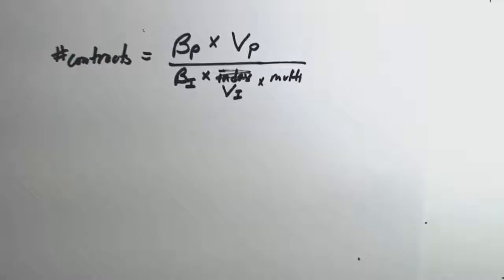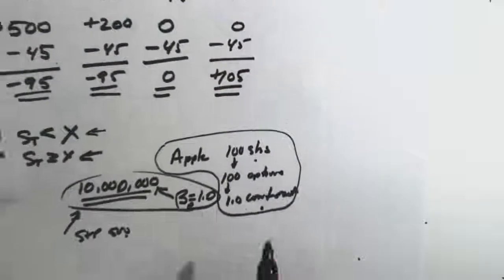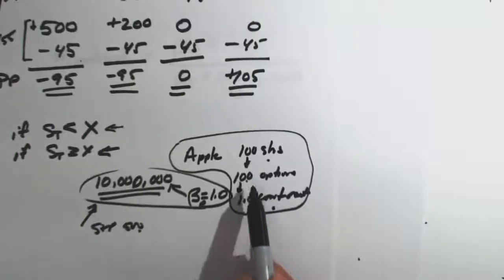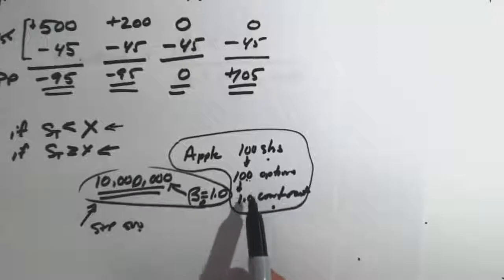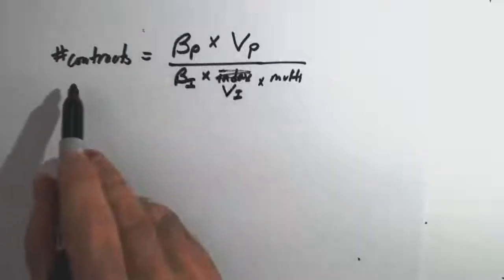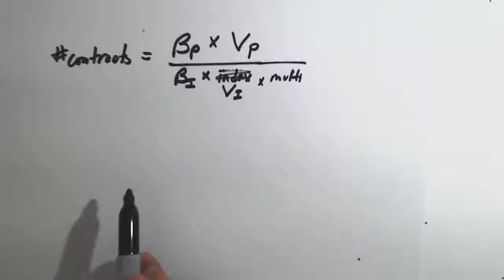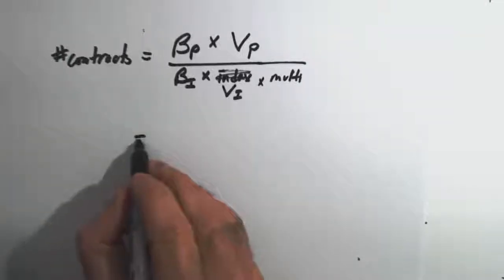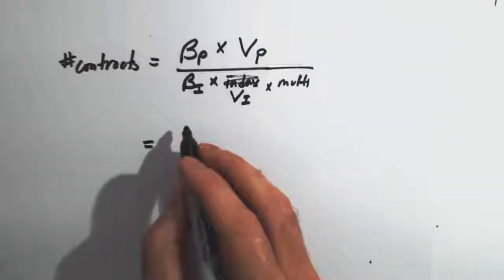And so the multiplier with the example I was just giving you was a multiplier of 100. Every contract controlled 100 options. So we basically had a multiplier of a contract represents 100 options. So let's see how that all applies to this formula now when we're looking at an index and we're looking at a portfolio of stocks.